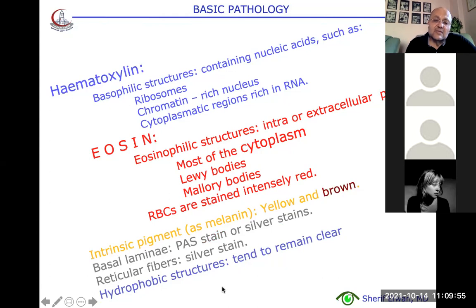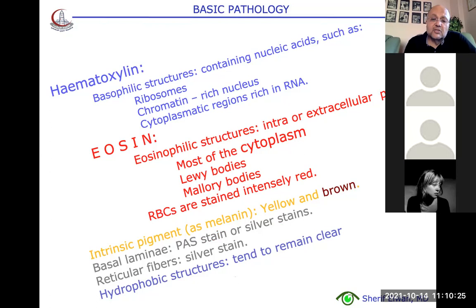The basal lamina of the cells is PAS stain or silver stain positive, periodic acid Schiff, reticular fibers stained by silver stain, and hydrophobic structures that are expelling water tend to remain clear or drop during preparation, like fat globules, for example, appear clear in preparations stained by hematoxylin eosine.